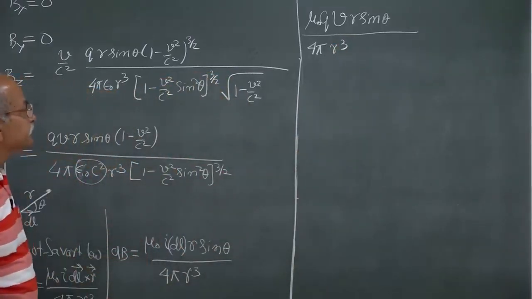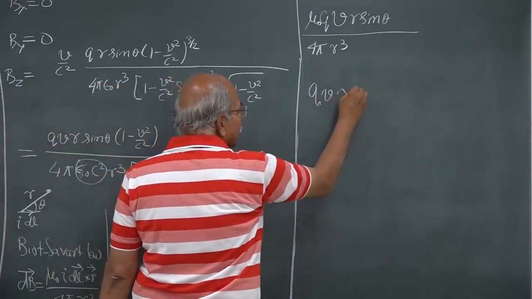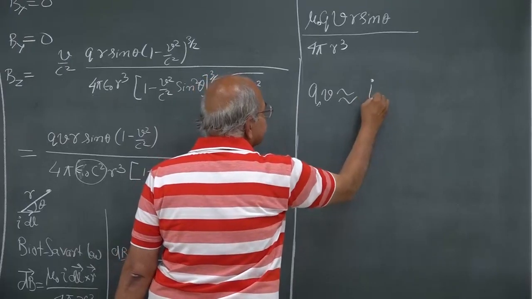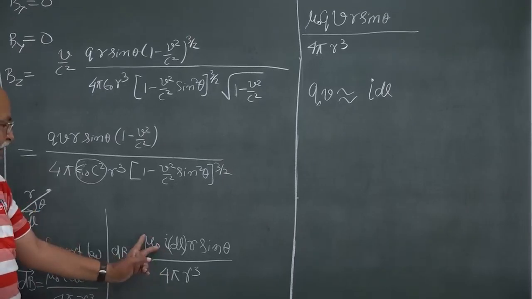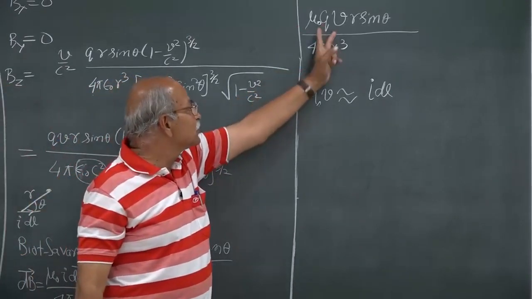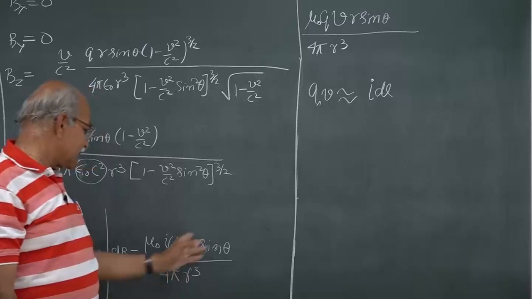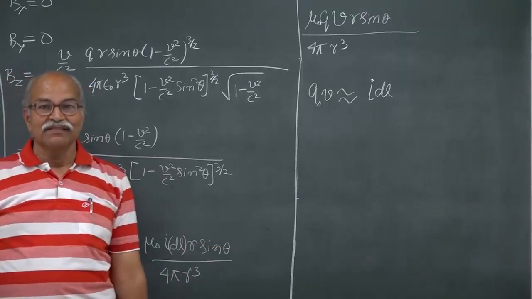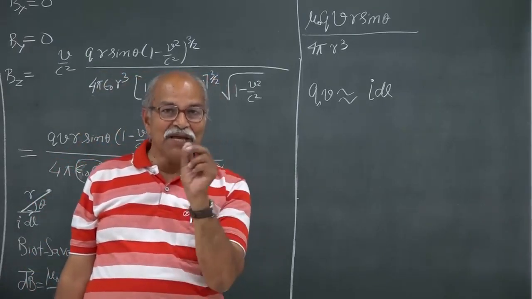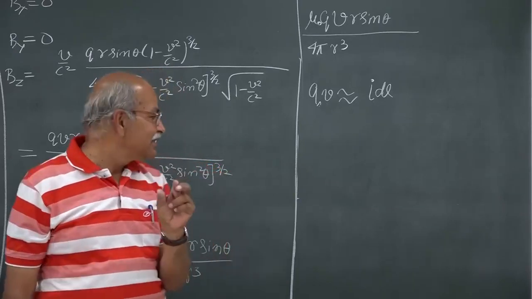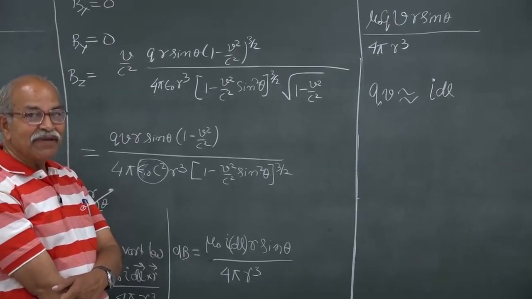That is all. And you can see that if you say that q into v is equivalent to I into dl, it matches. So, a single charge moving with velocity v, q times v, can be treated as your current element, and then you can use Biot-Savart law to get the magnetic field.